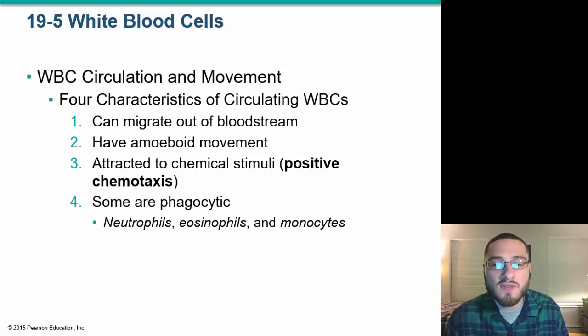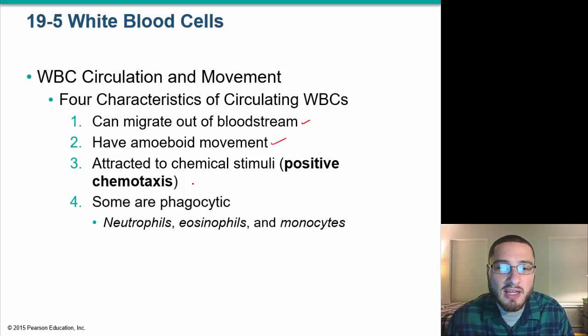So 4 characteristics of these white blood cells: they can migrate out of the bloodstream, they have amoeboid movement, they are attracted to chemical stimuli, and some are phagocytic, meaning they are macrophages.